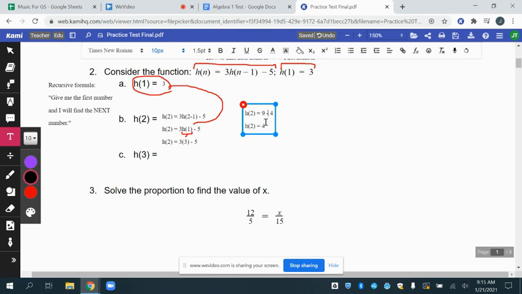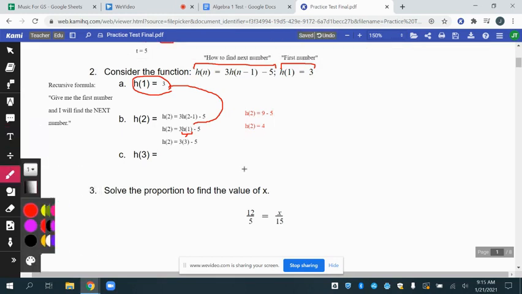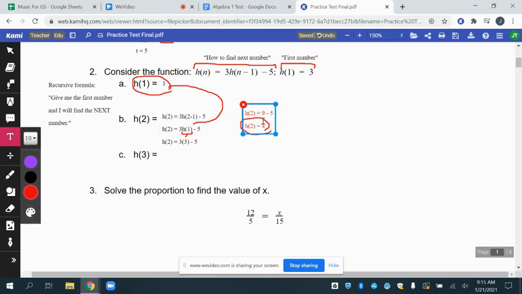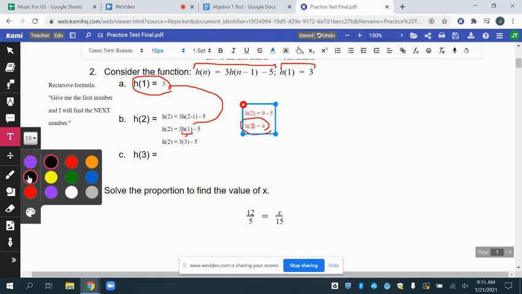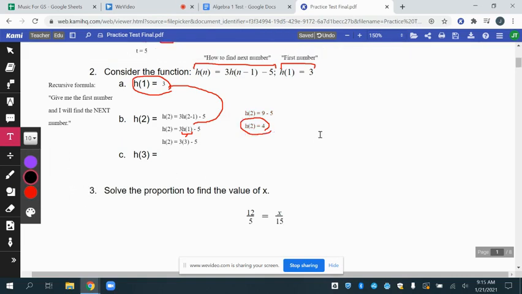I accidentally typed 4 in there because I was thinking of 9 minus 5. There. That's the answer. Let me really quickly change this to red. Go back to letters and turn my letters back to black. There. Okay, so now I know h of 2 is 4.